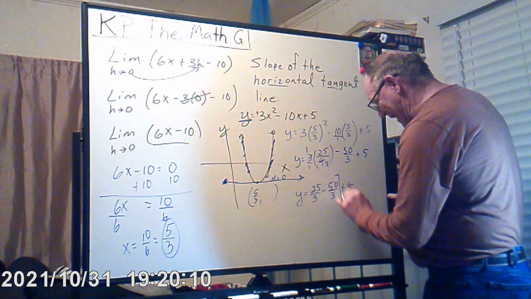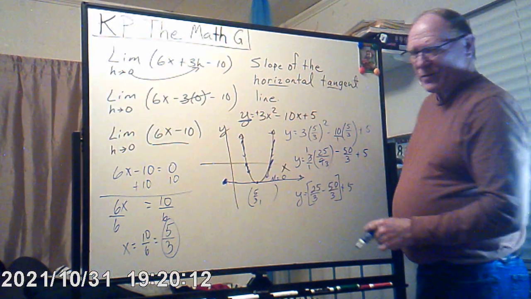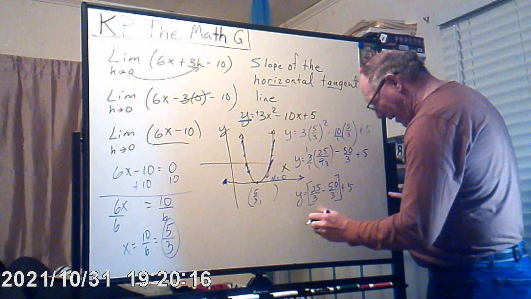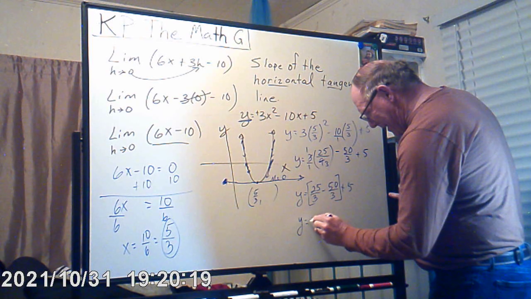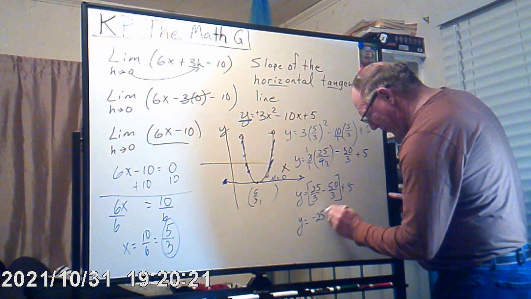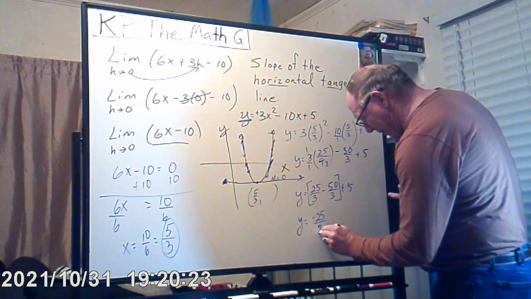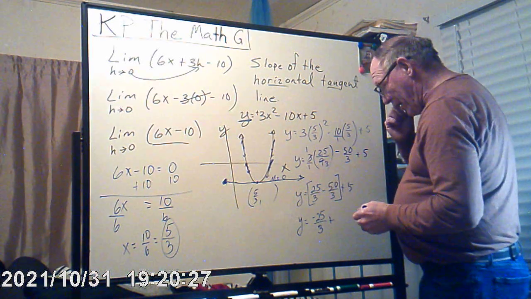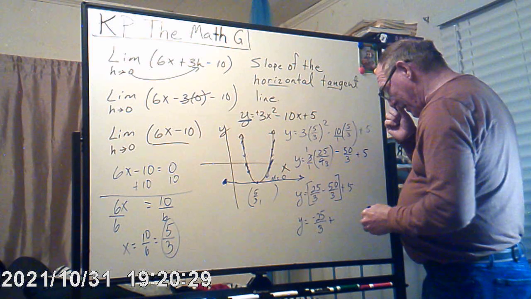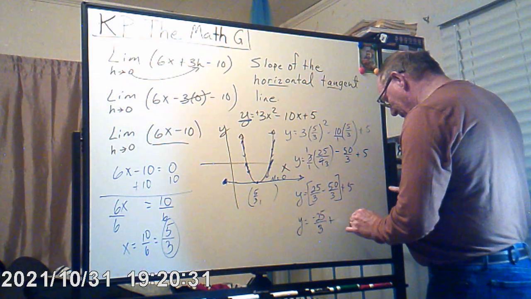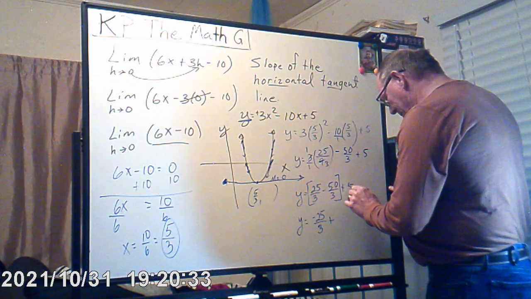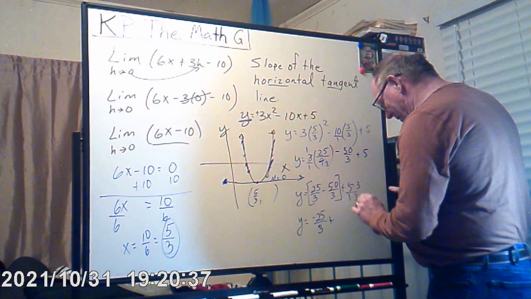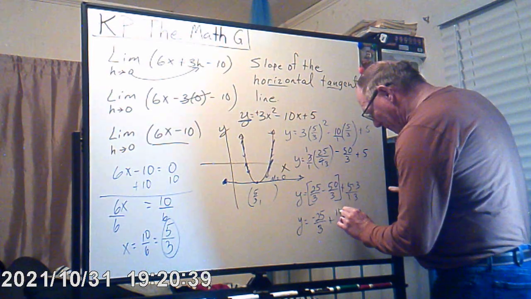We can at least figure these two out first. 25 minus 50 is negative 25 over 3, and then plus 5. 5 can be written as 5 over 1, and multiplying by 3 we get 15 over 3.